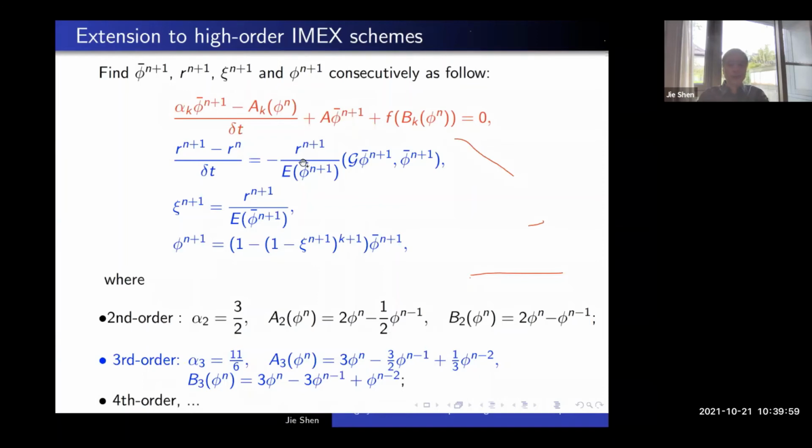Once I get phi bar, the rest is exactly the same as before, as in the first order scheme. The key point is I still use a first order approximation to the energy. I still compute C, but now in order to keep my kth order accuracy, I do a (k+1)th order correction here.